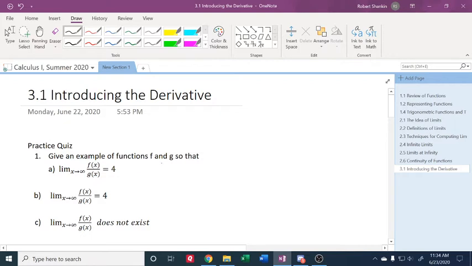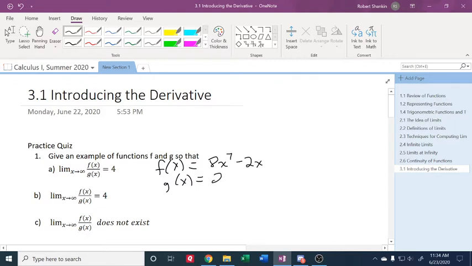We need a function f and a function g that are the same degree. And the ratio, like this, could be 8x to the 7th minus 2x.